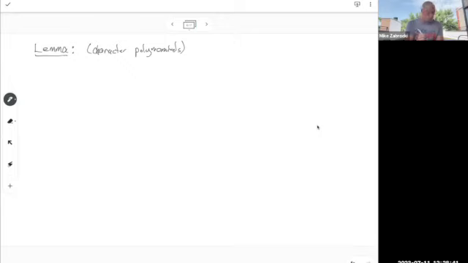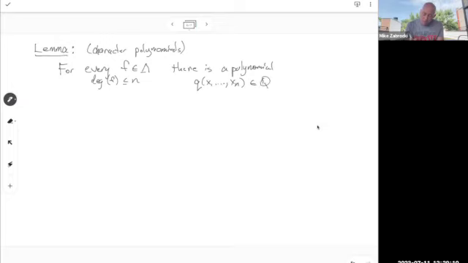So for every symmetric function f, and the degree of f is less than or equal to n, there is a polynomial q of x1 through xn, and this is just a polynomial in the polynomial ring.